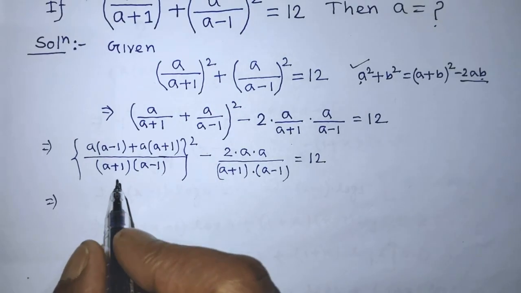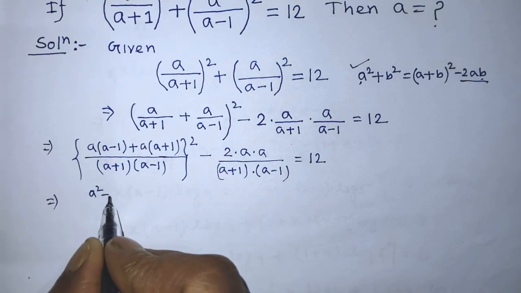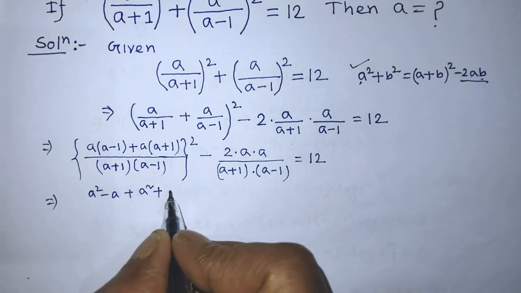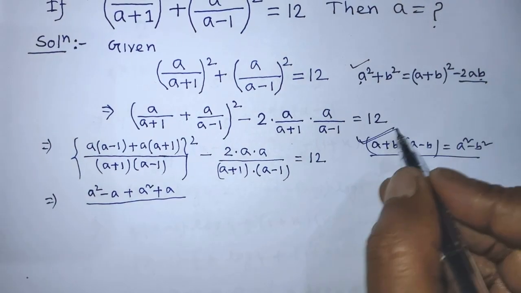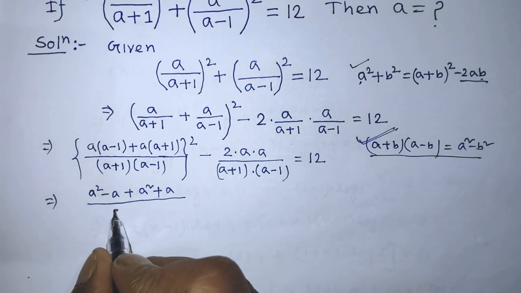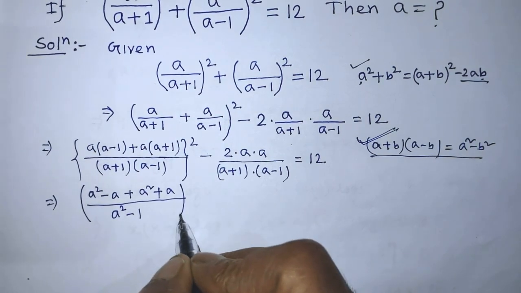After that we can write from the first term a square minus a plus a square plus a over, according to this formula, in the place of denominator (a square minus 1) whole to the power 2.